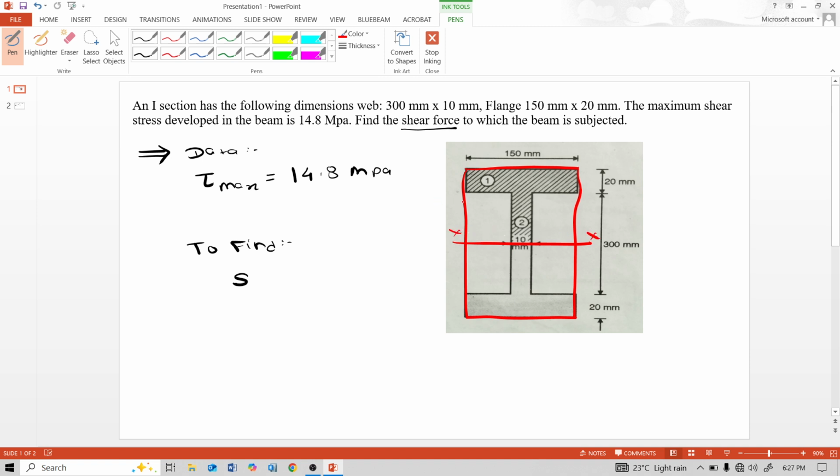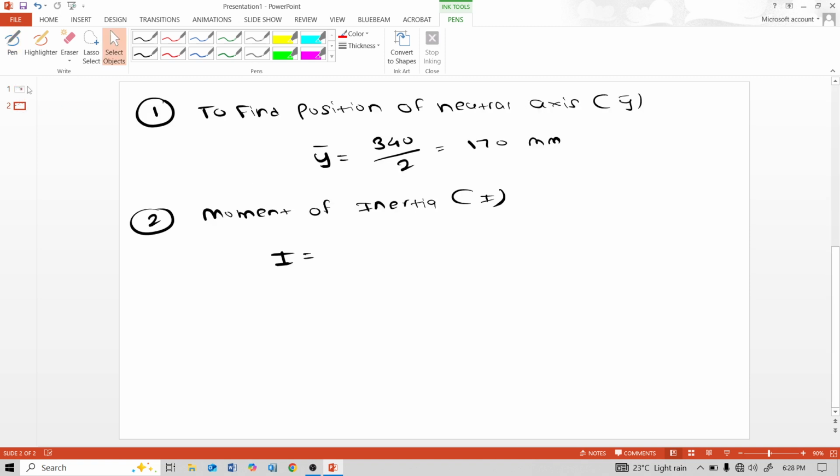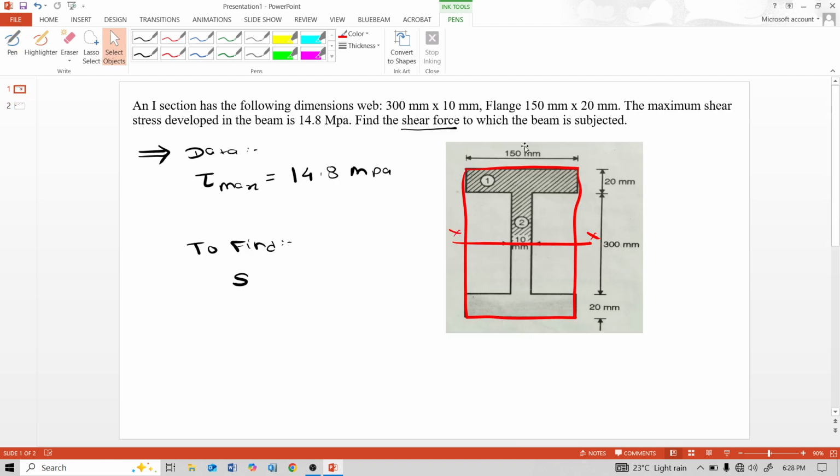This full rectangle moment of inertia is 150 multiplied by 340 cube divided by 12, where the full distance is 340.